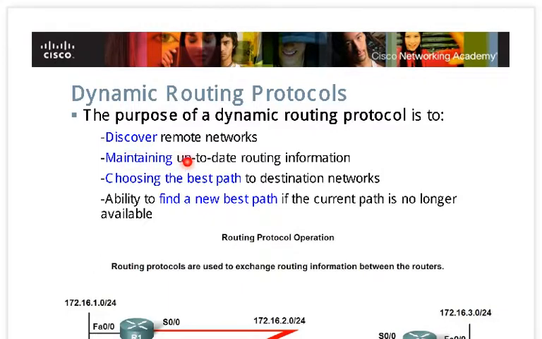So based on that, we need to maintain up-to-date routing information, and as we know that there is some transitional period based on which the routers will keep exchanging the information, and this information will not be stable until a certain state that all routers will have information about all remote networks in the system, and any other information that gets exchanged to you by other routers will not add any more information to what you have.